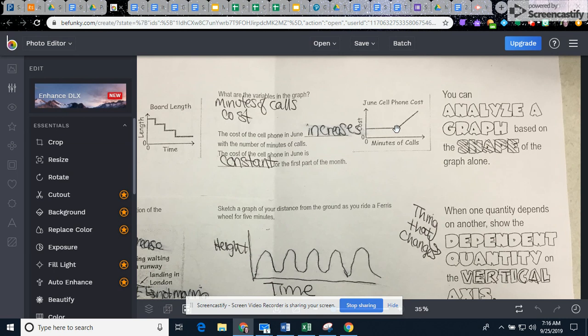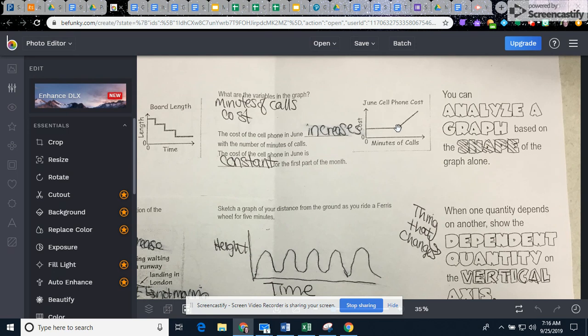And so it looks like it's going to stay the same, but then you can tell you've gone over your minutes because then it's going to start increasing. So that by the end of it, it has increased with the number of minutes of calls. And then the cost of the cell phone in June is constant for the first part of the month. So this would mean that it's costing you the exact same thing.